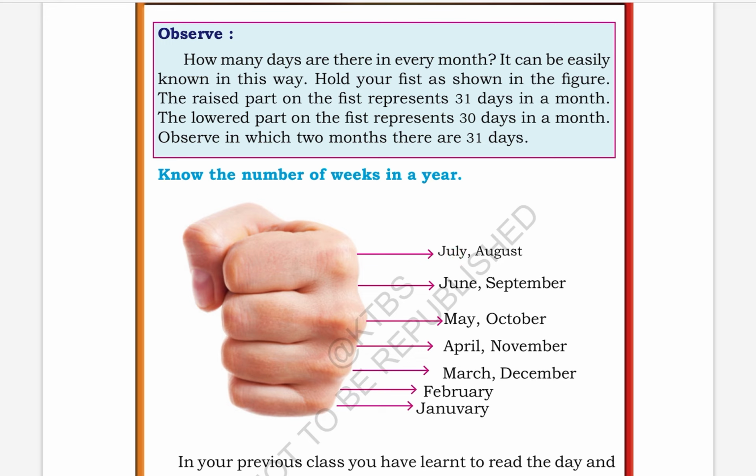August. August is a raised part from above. We started from the raised part from below, January, and while taking a U-turn, we start from the raised part of the forefinger. So July and August both have 31 days.